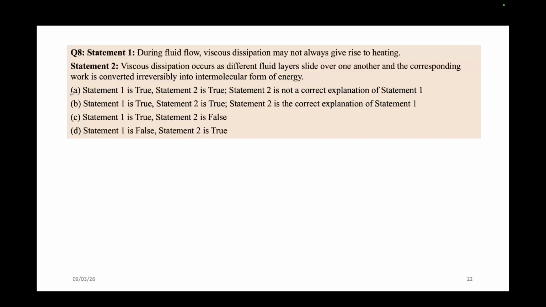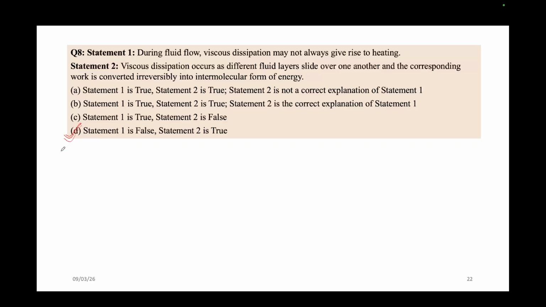Similarly, if the fluid is flowing over a surface or over another fluid layer, it will slide, and because of this, work is getting converted into energy. So statement 2 is correct, right? So the correct option is option D.